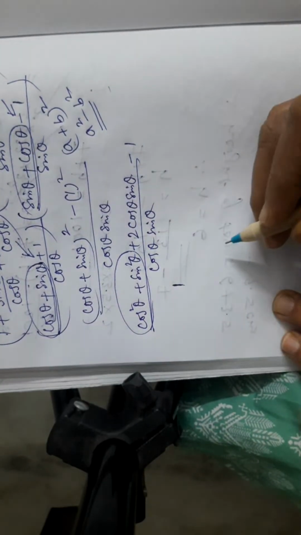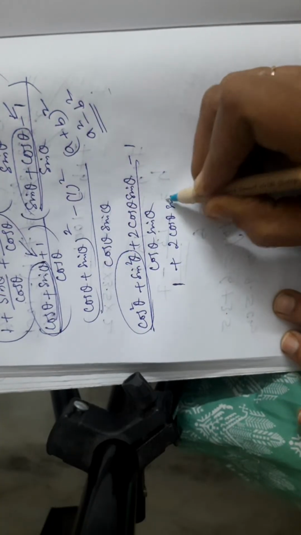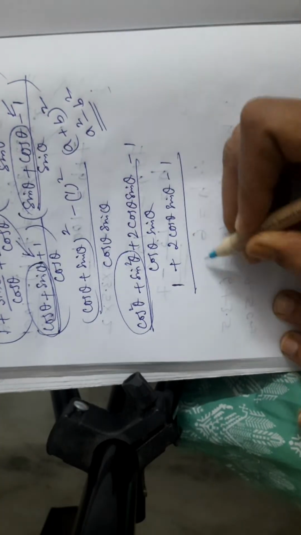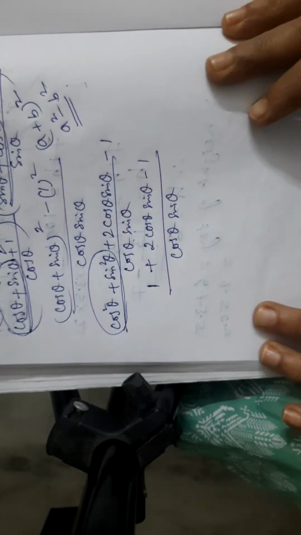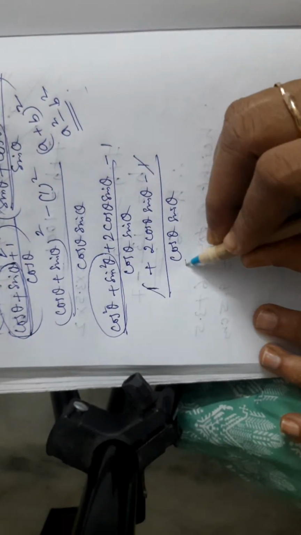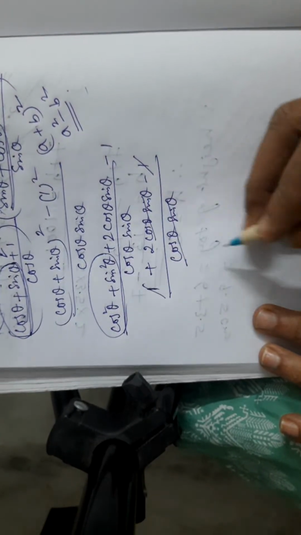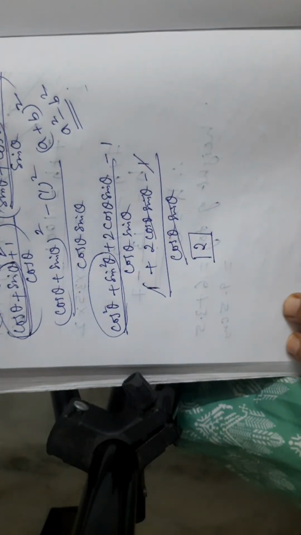So इसको रिप्लेस करके 1 लिखा plus 2 cos theta sin theta minus 1 upon cos theta sin theta. Plus 1, minus 1 कैंसिल हो गया. अब ये भी 2 लाइक टर्म्स हैं तो ये दोनों कैंसिल हो गए. So the value of the term is 2.